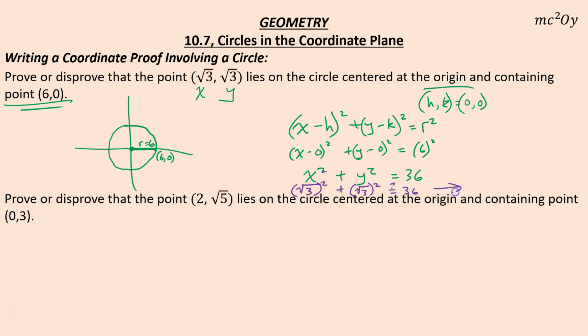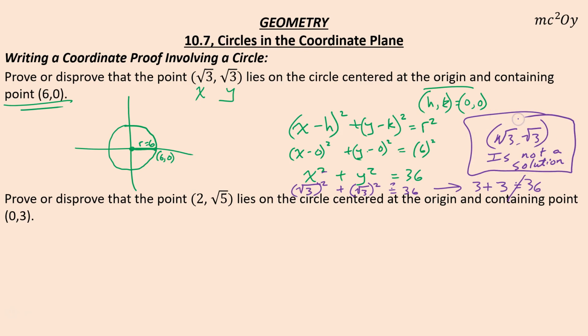Well, that means (√3) to the second is 3, plus 3. Does that equal 36? The answer is nope. They're not equal. So (√3, √3) is not a solution because it does not satisfy our equation.